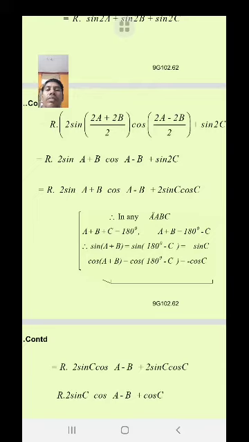Next step, 2 sin(A plus B) cos(A minus B) plus sin 2C, we can write 2 sin C cos C from compound angle formulas we already know.